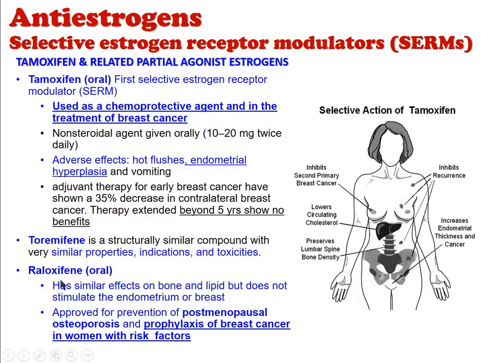The difference between this drug and this drug is that this drug does not stimulate endometrium or breast, whereas this one is very similar to tamoxifen and stimulates endometrium.